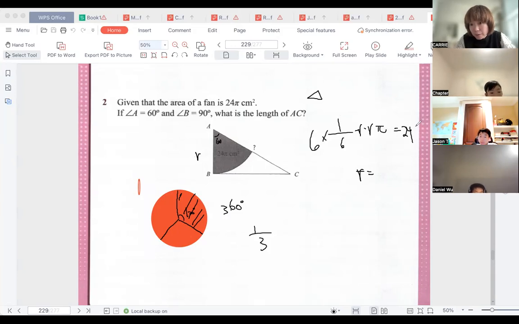So times 6, correct? Chapter? So this is gone. So it's R times pi. For the left side, for the right side equals 144 pi. Am I right, everybody? 那现在这样子，这个 radius 等于多少都算不出来啊？12.